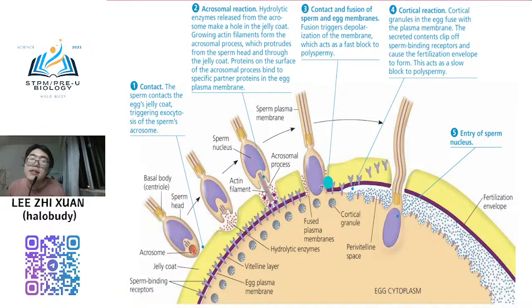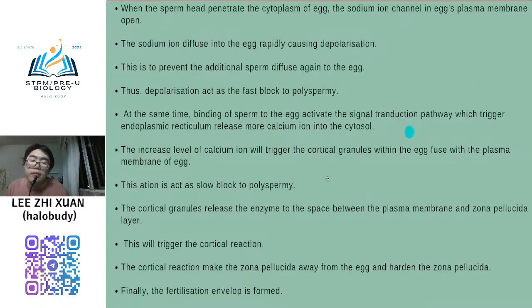So once the signal transduction process is triggered, the calcium ion passes into the cytosol of the secondary oocyte. It will trigger the cortical granules within the egg to fuse with the plasma membrane.